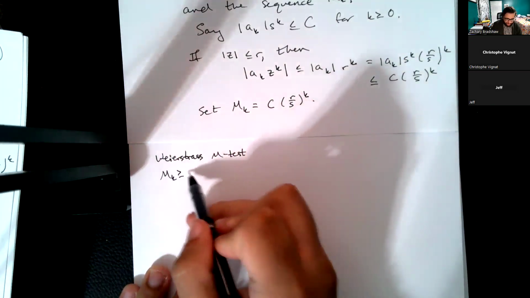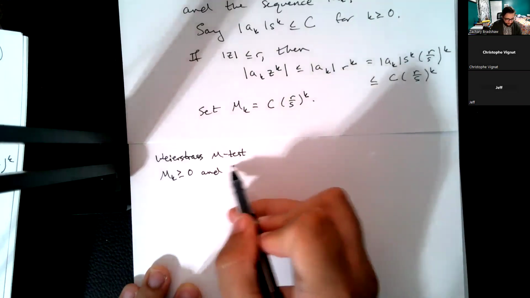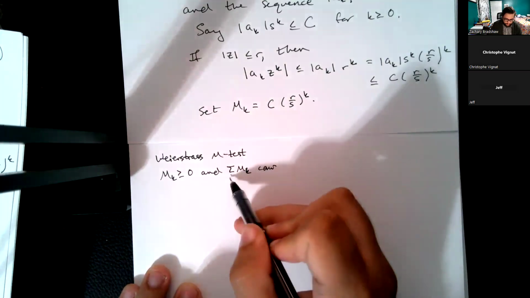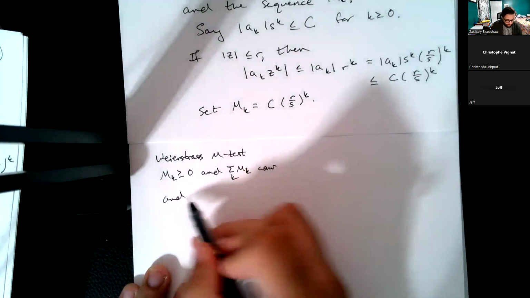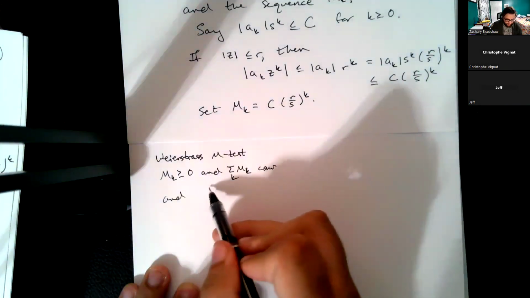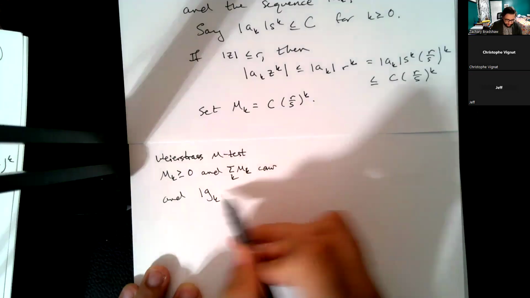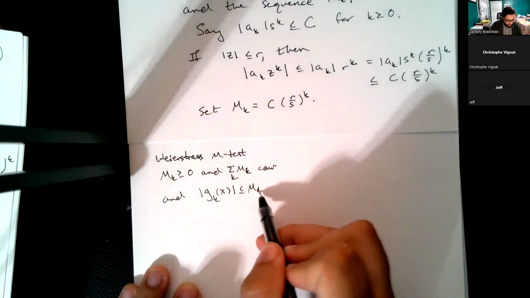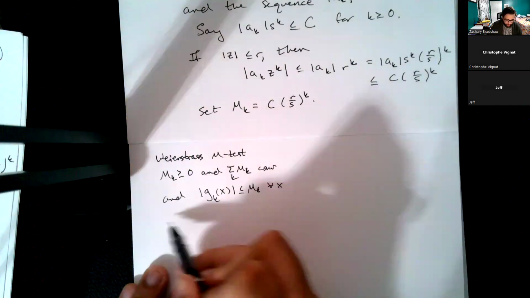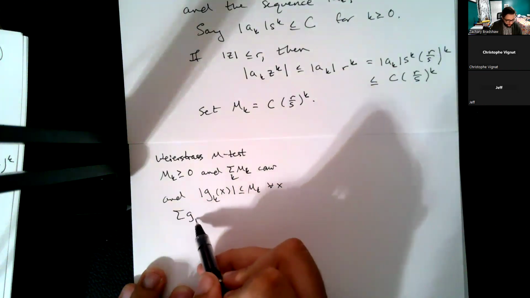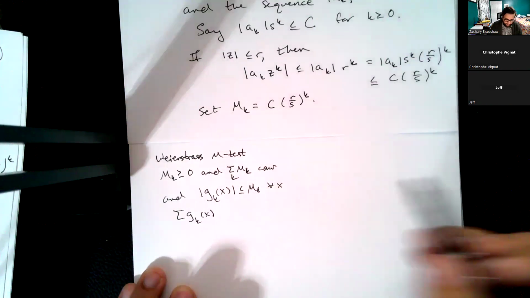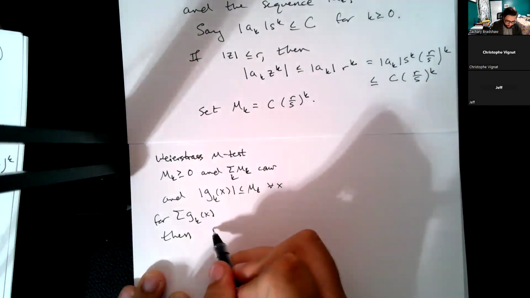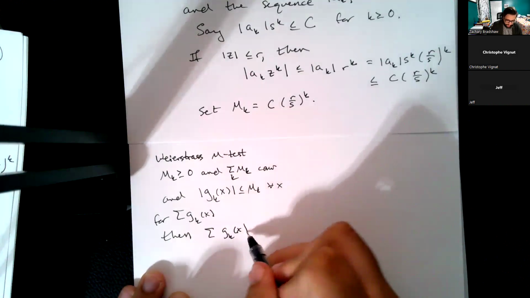If these M_k are greater than or equal to 0, and the sum of the M_k converges, and you can bound your series terms above by M_k, where this is the series we're considering here, then this guy converges uniformly.